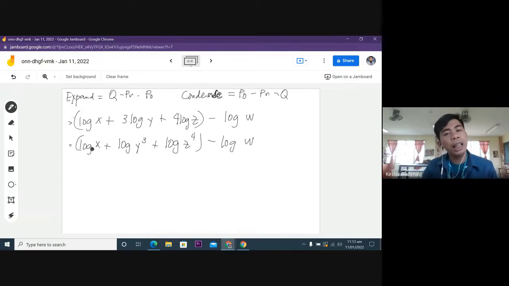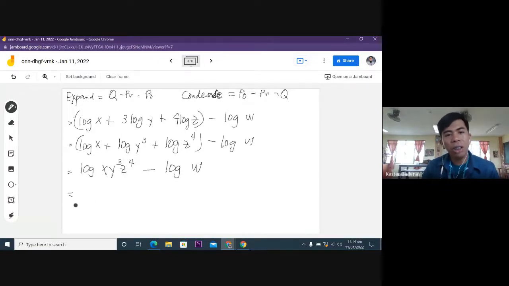Okay. So, na-apply na natin yung power rule. So, apply natin ngayon yung product rule. So, logarithm of x plus logarithm of y cubed plus logarithm of z raised to 4, magiging logarithm of x, y cubed, z raised to 4 minus logarithm of w. Ayan na.